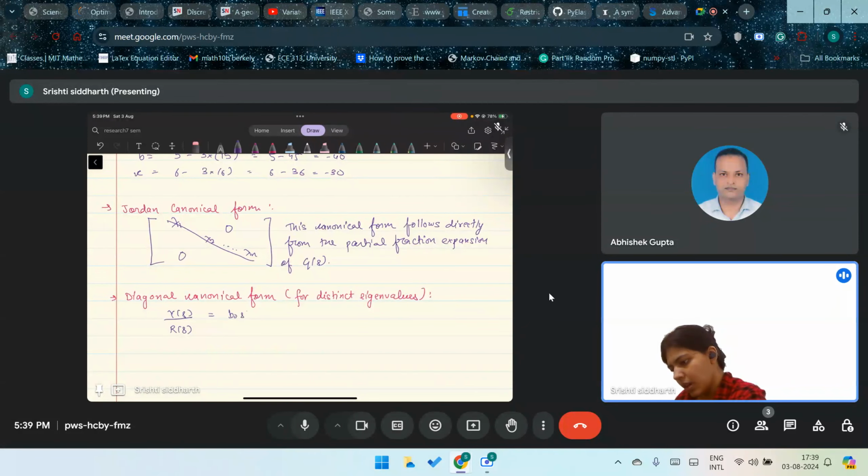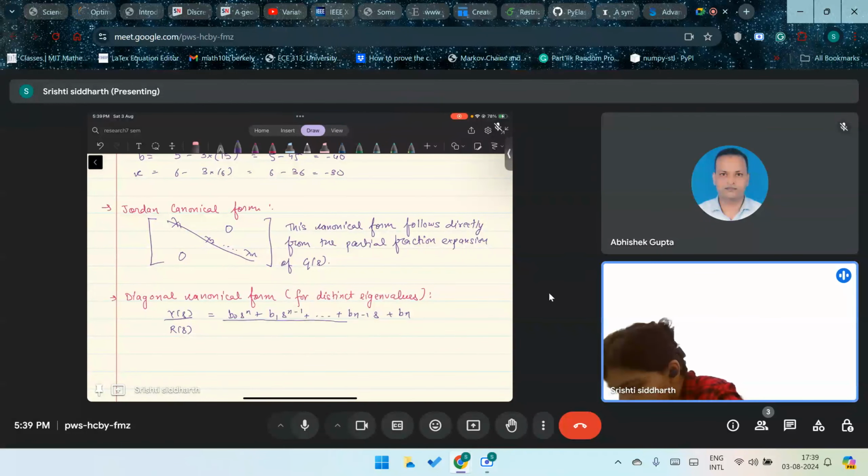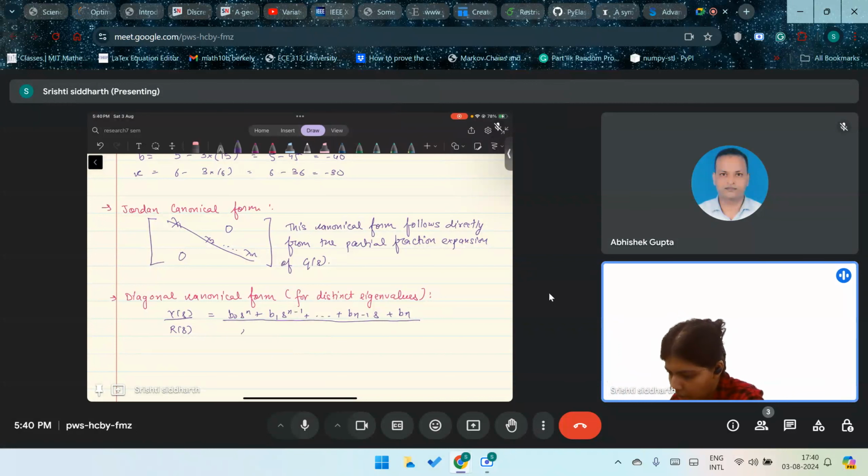Let's write this down. So we have the numerator up to b_{n-1} s plus b_n. We have an nth order system, and then we have poles. So instead of writing the general form of the denominator, which we have seen earlier, I am going to write this as a product. So it's formed by the poles or the eigenvalues of the transfer function. So if we have n distinct eigenvalues, this is how the denominator would be written.